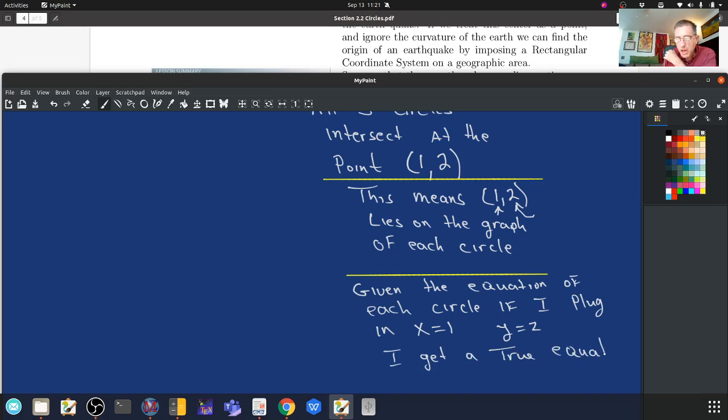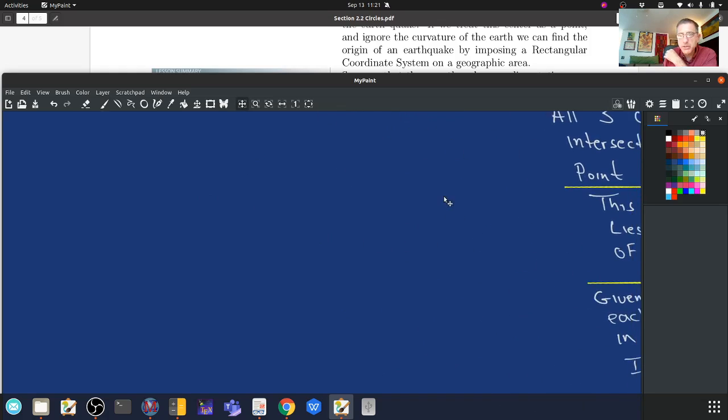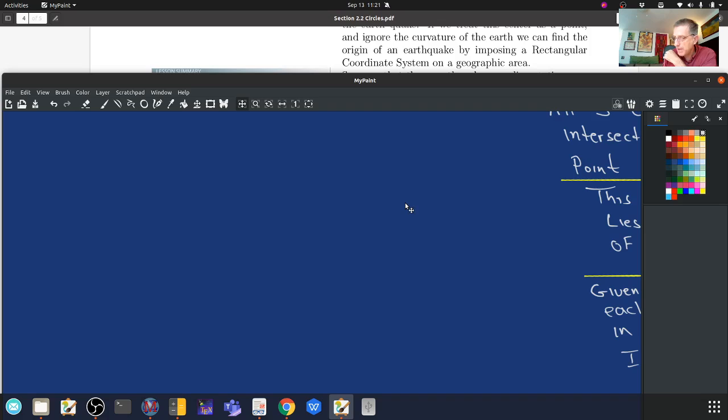And our job is just to verify that this is actually the case. But before we do that, we have to get the equations for each of the circles.